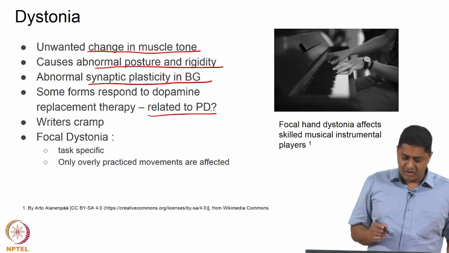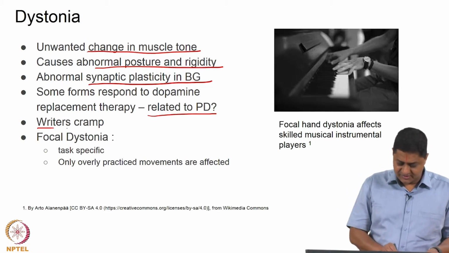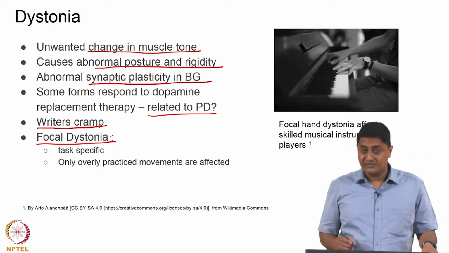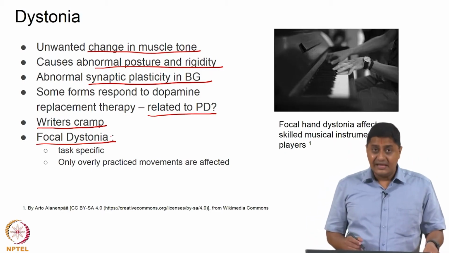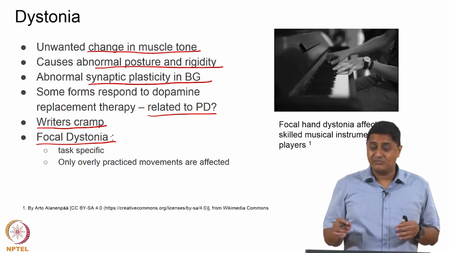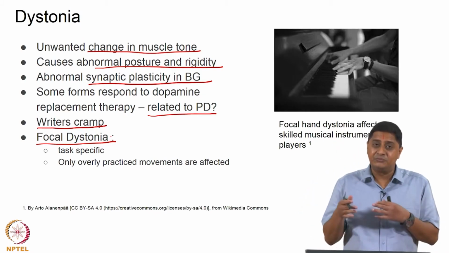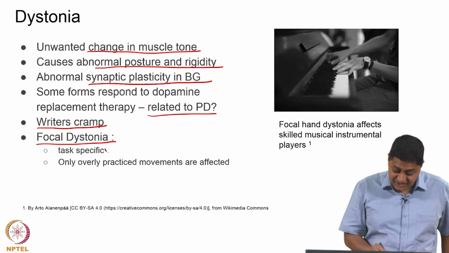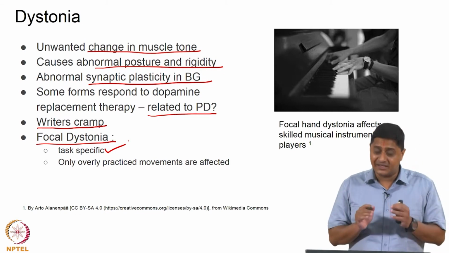One particular form of dystonia is writer's cramp or focal dystonia. For example, in musician related dystonia, this person can do practically everything using the same effector, but the moment he is going to perform a well practiced task, that movement is affected. It is a task specific thing, an overly practiced task.